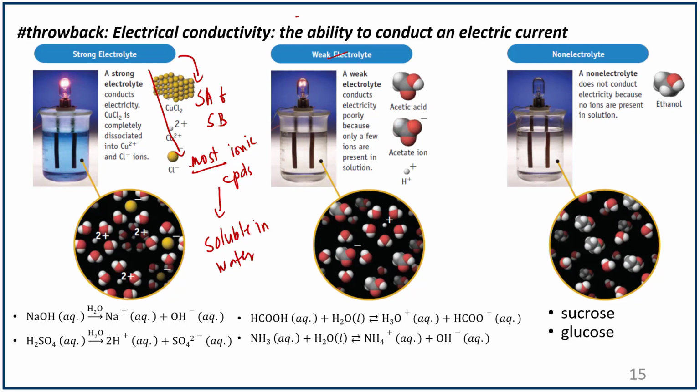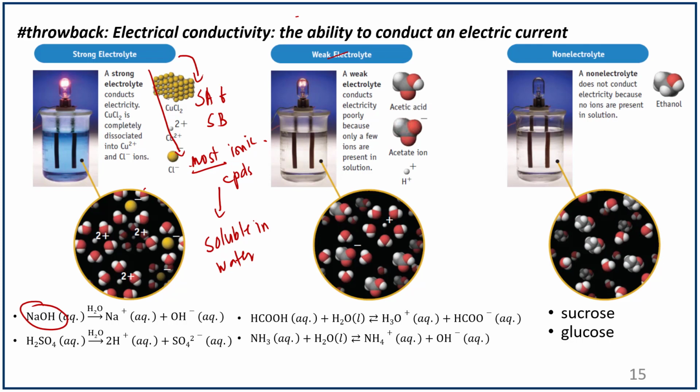But again, it's mostly ionic compounds, such as sodium hydroxide, which is an ionic compound that is soluble in water. It also meets the strong base criteria, as we will discuss later. In aqueous solution, sodium hydroxide completely breaks up into sodium ions and hydroxide ions.